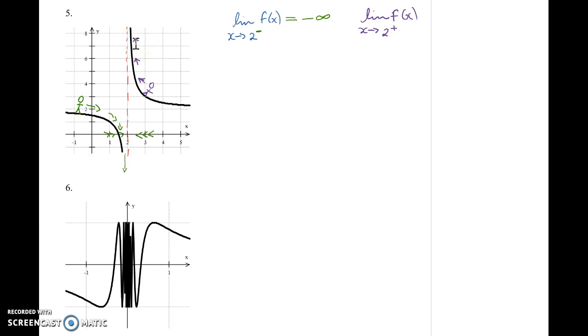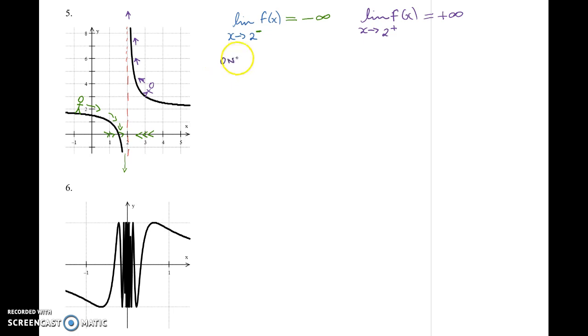In other words, we're going towards a height of positive infinity. In that case, you're tending towards 2 different heights. From the right hand side you're going towards positive infinity. From the left hand side you're going towards negative infinity.